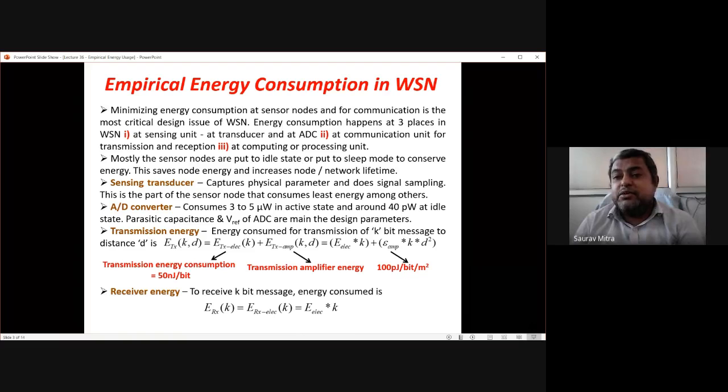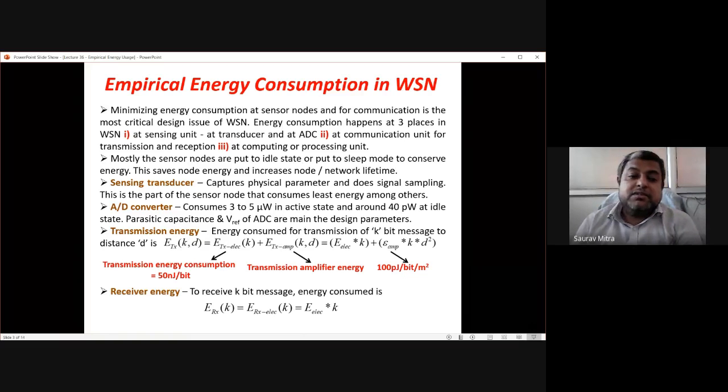The A to D converter, or ADC, consumes 3 to 5 microwatt power in active state and around 40 picowatt power in idle state. So just see how very small an amount of power is being consumed by the ADC. When it is active, that means converting analog into digital, the ADC unit consumes 3 to 5 microwatt power, and in idle state it uses 40 picowatt power.